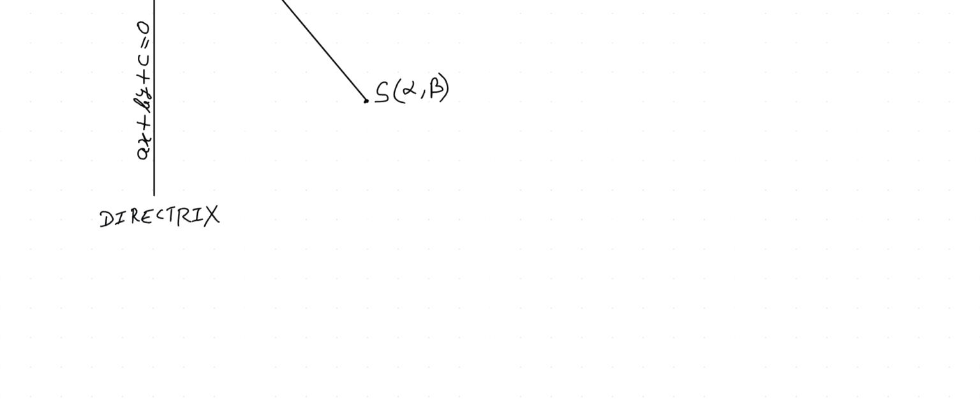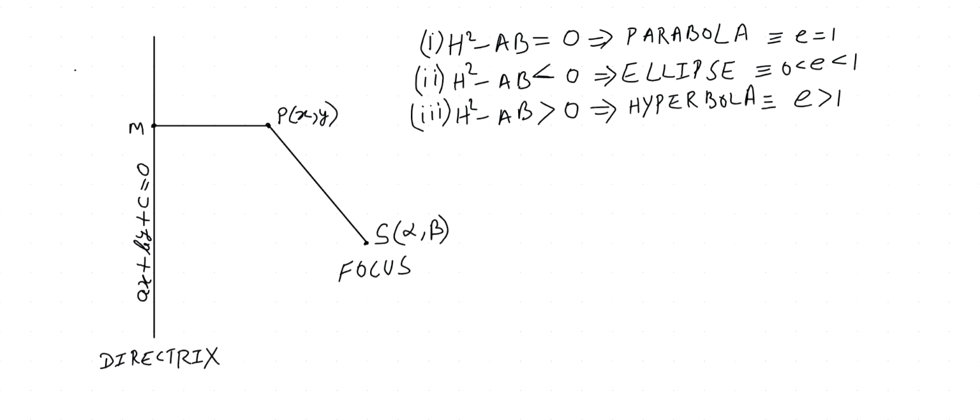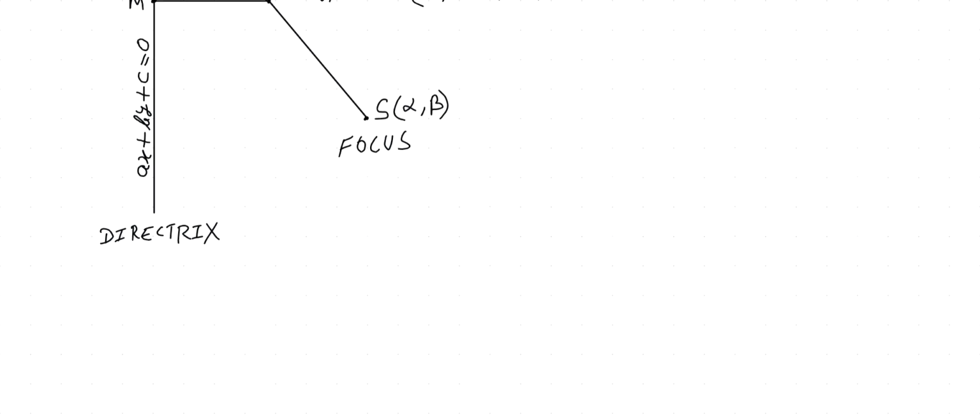This fixed point we call the focus, and we will have a moving point (x, y). According to the directrix and focus definition, we have SP upon PM equals e. This is the eccentricity.